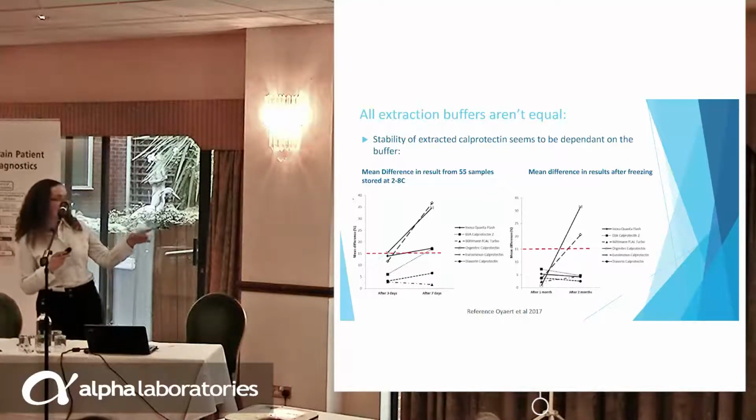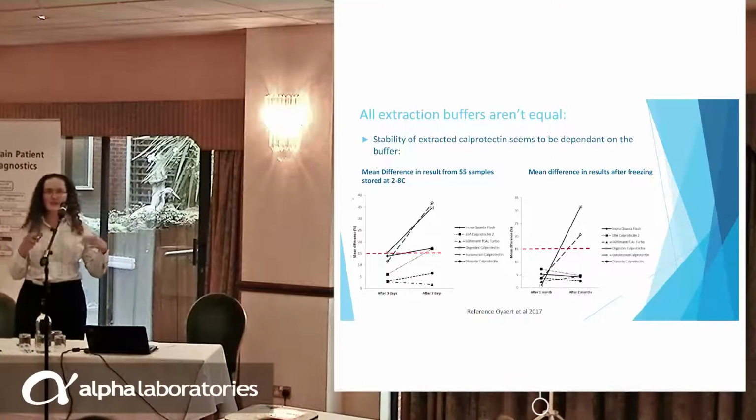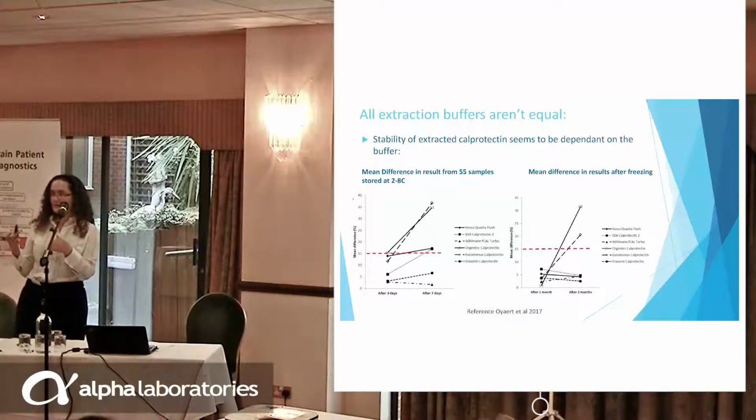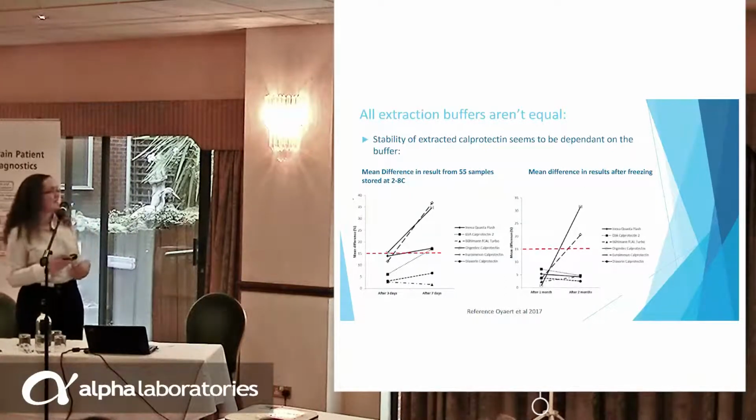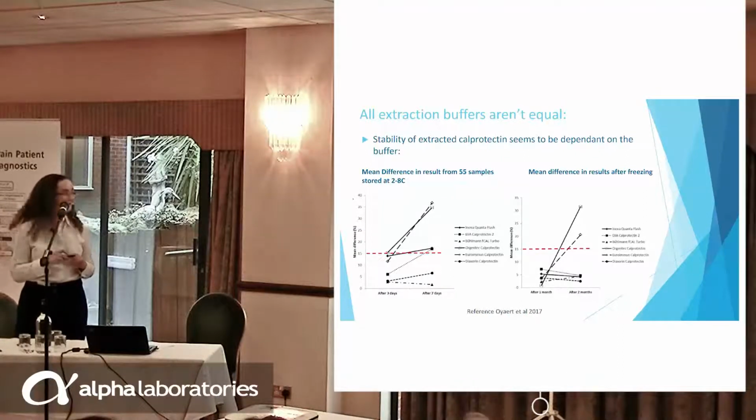And then they tested them at obviously day 0, day 3 and day 7 in the individual manufacturers' assays. And as you can see, this here is the mean difference in the results between those two tests. So as you can see, some are fairly stable between the things, and some have quite a lot of degradation still. So even extracting them into the buffers and storing them into the fridge is not necessarily going to help.